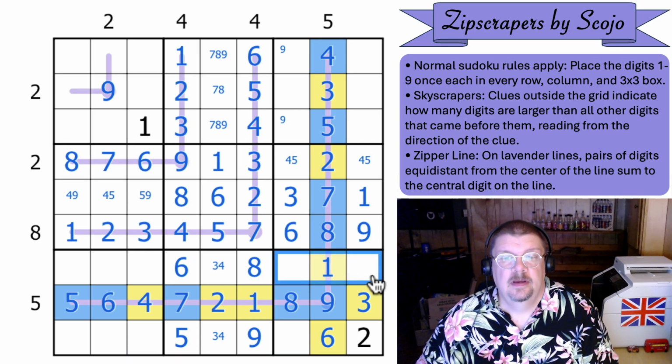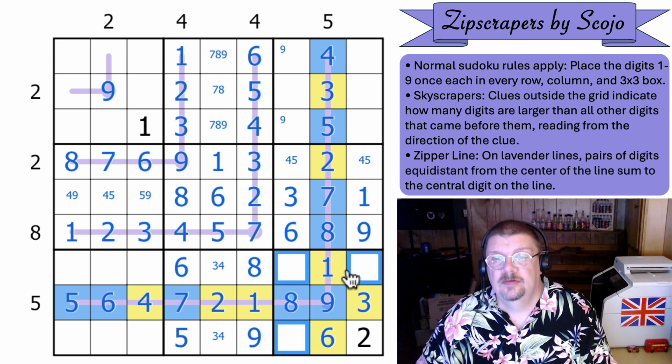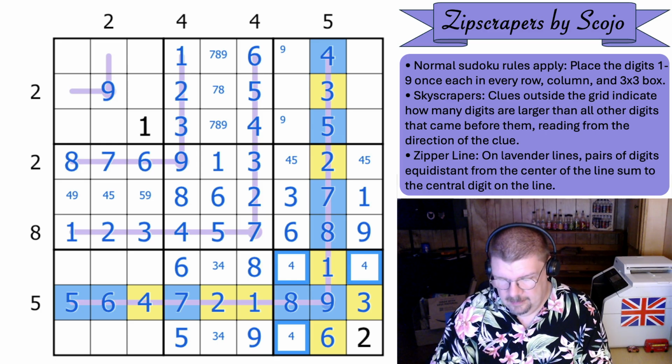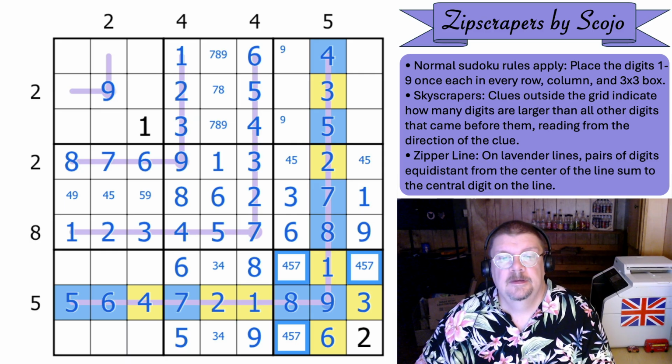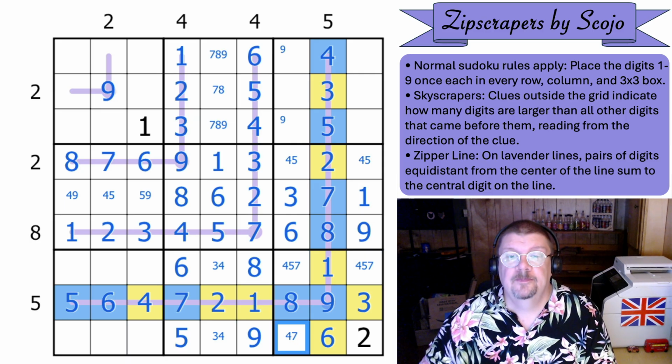So 6 can't be in any of those cells because the 6 is here. What are these 3 digits? This is 5, 7, and 4. That's not a 5.